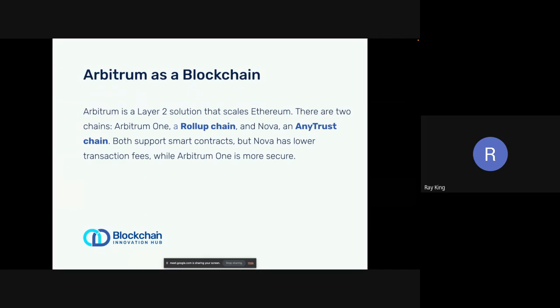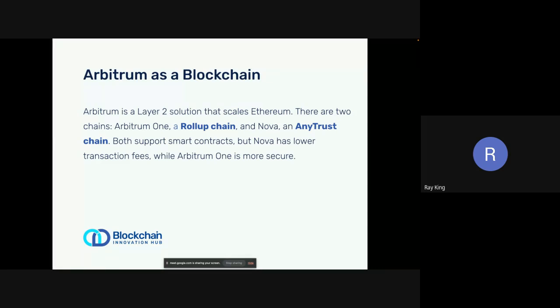We said roll-up chains bundle transactions into a single batch and then settle it back to the L1, that is the layer 1.